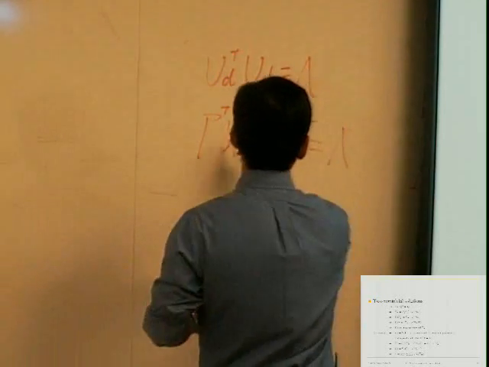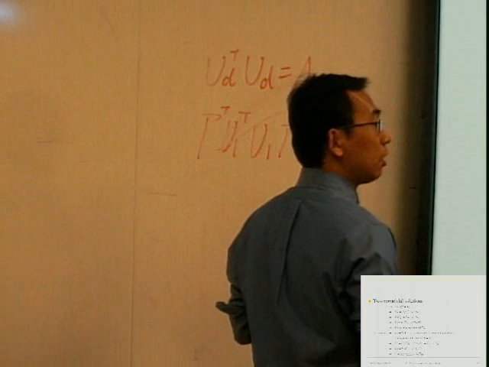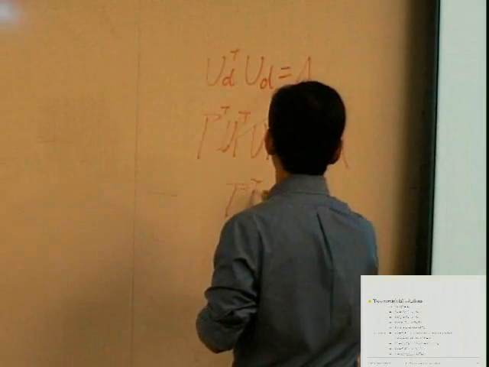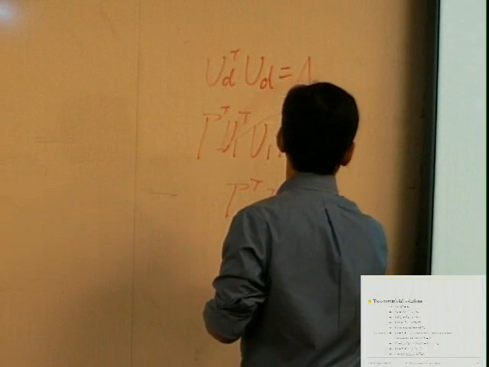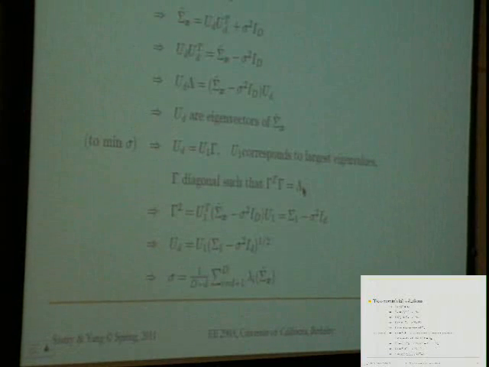And these two cancel out because they're eigenvectors. They are orthogonal to each other. So that gives me this equation. Okay?